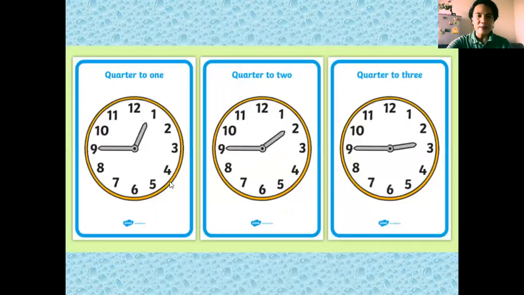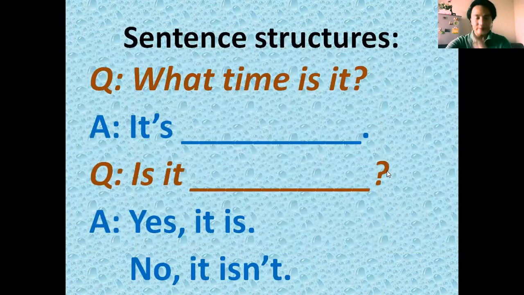Now for our examples: quarter to 1, quarter to 2, quarter to 3. Now remember those vocabulary words, because that's how to tell the time.